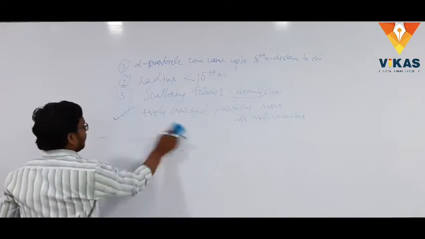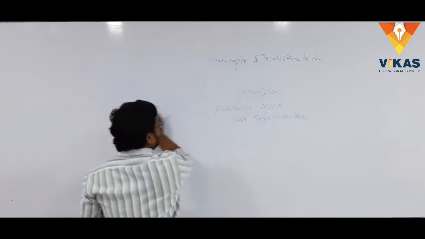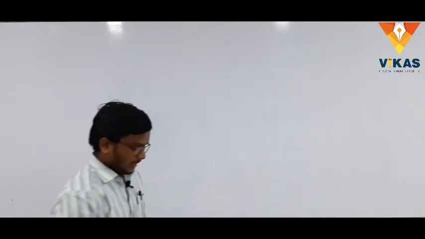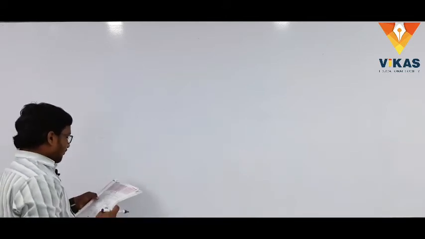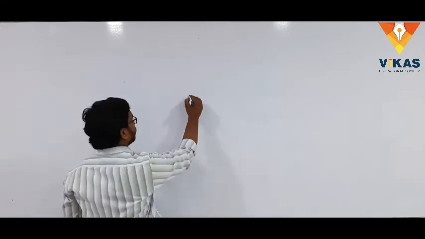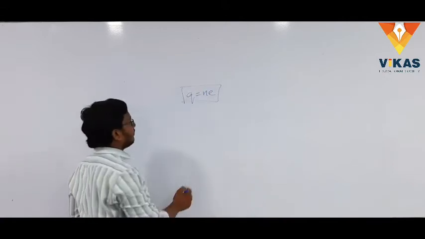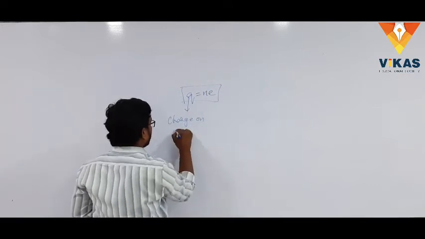So, this is the option. We'll take up one more question from the next exercise. The value of charge on the oil droplets. We have seen the Millikan oil drop experiment, and from there he gave the formula Q equal to Ne, which is the charge on the oil droplet.